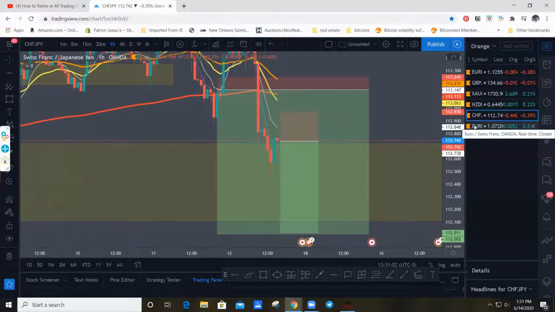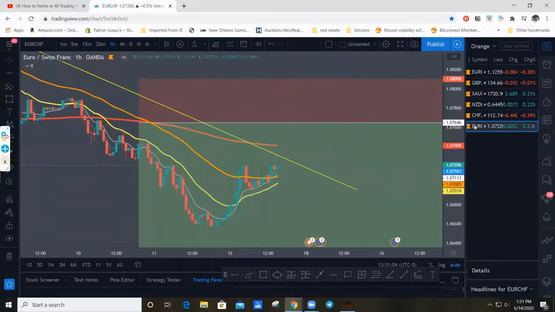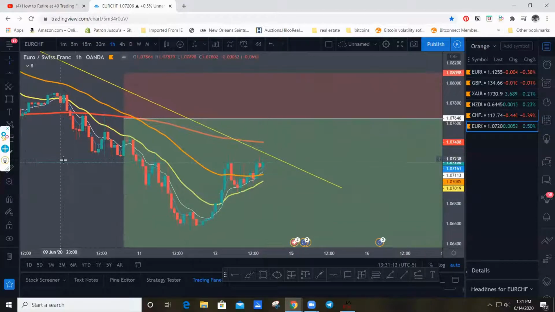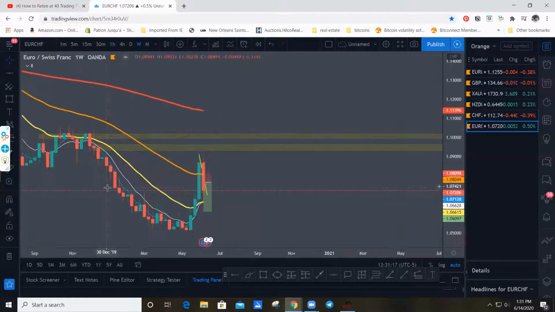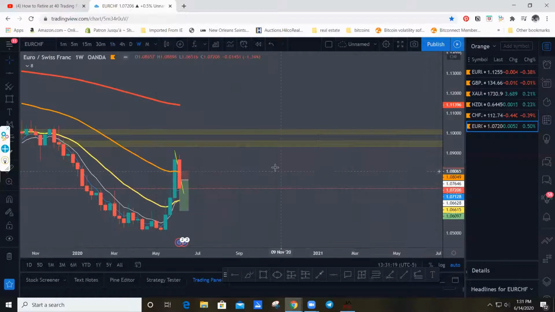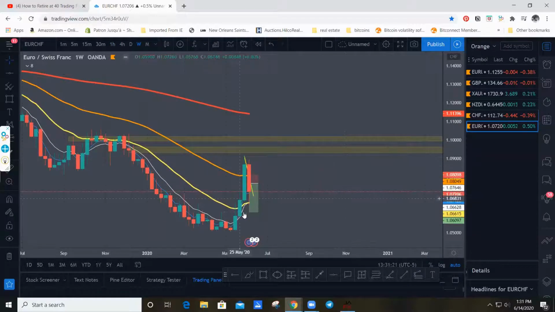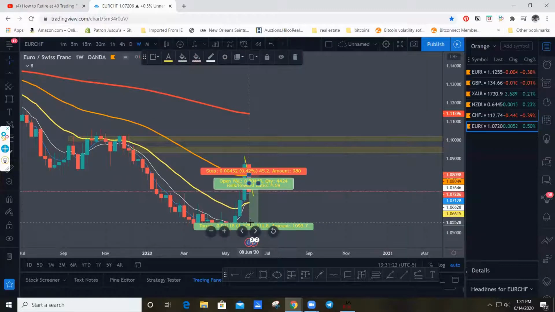Euro, franc. I see it channeling before it comes back and retests this area.